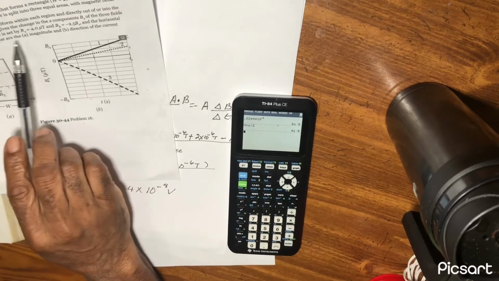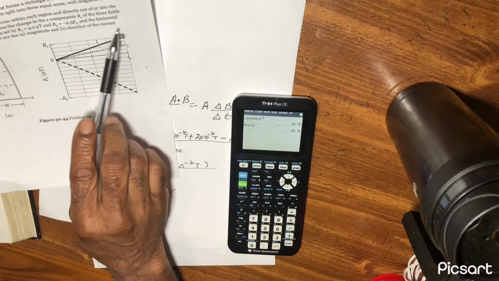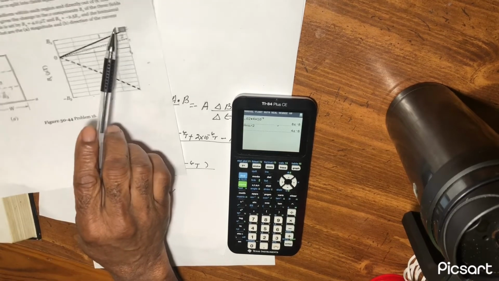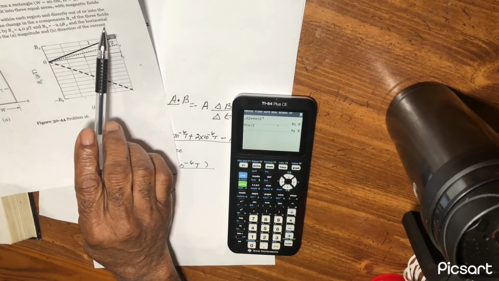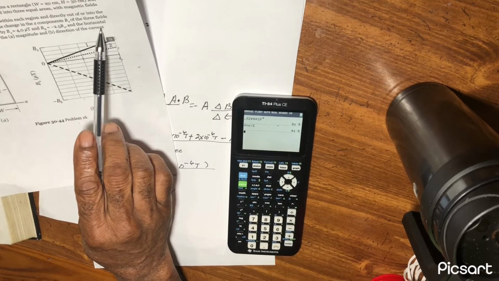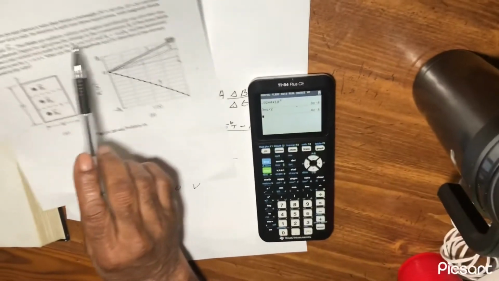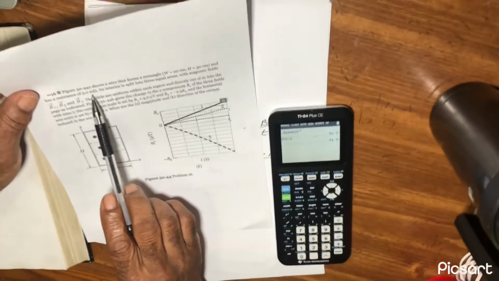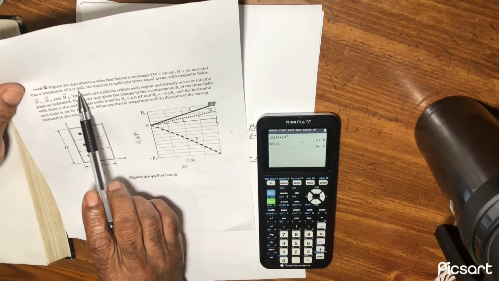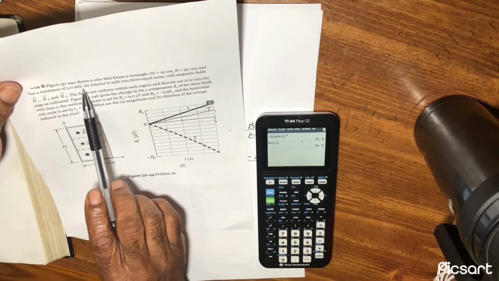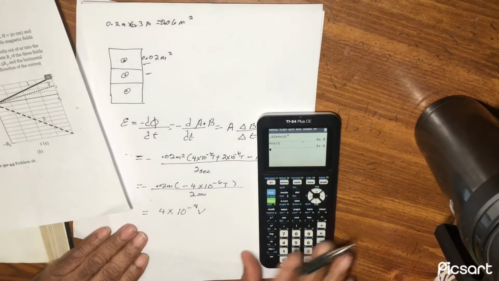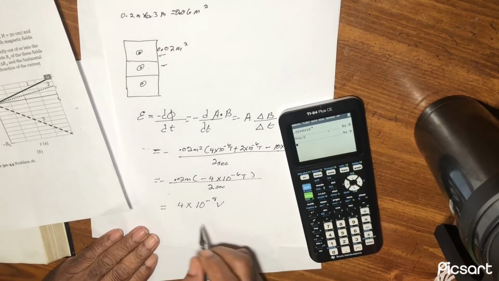Now this problem asks for the current. It wants the magnitude and direction of the current. Well, we know that the direction is counterclockwise, and we have 5 milliohms of resistance. So we'll just divide to get the current.